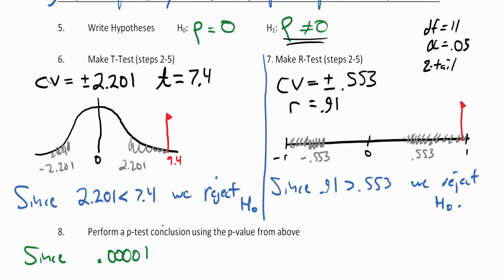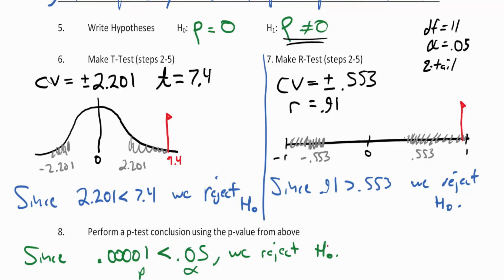The alpha was 5%. Well, it was less than that. So since p is less than alpha, we reject the null hypothesis. We definitely have sufficient evidence to reject the null hypothesis.